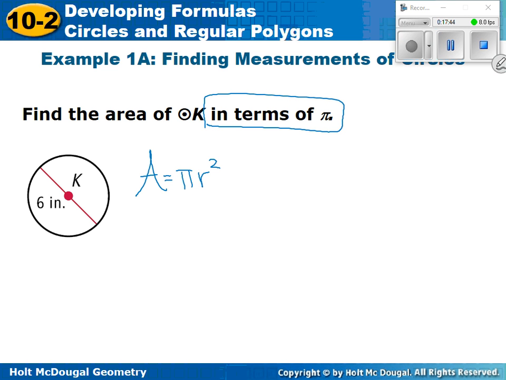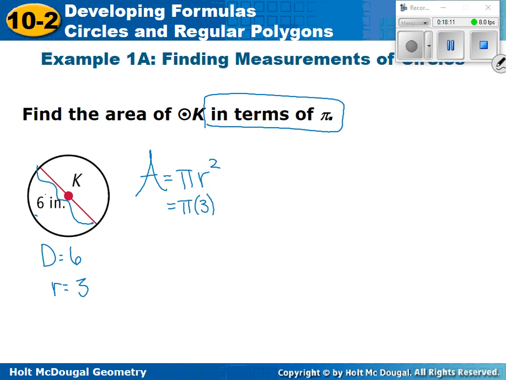What is the 6 in the picture referring to? Diameter. If they mean radius, they'll shift it. They'll put the 6 over to one side. But if it is right in the center of your picture, then they're talking about the whole diameter. Okay? So if the diameter is 6, what's the radius? 3. We do that by dividing by 2, right? So plug it in.